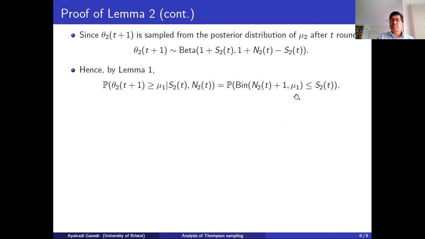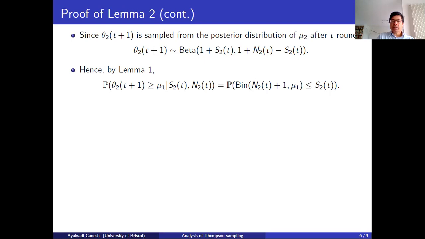So the expected number of successes is mu1 times N2t. And we've picked S2t to be smaller than mu2 plus delta over 2 times N2t, and mu2 plus delta over 2 is itself smaller than mu1. So S2t is definitely smaller than mu1 times N2t.